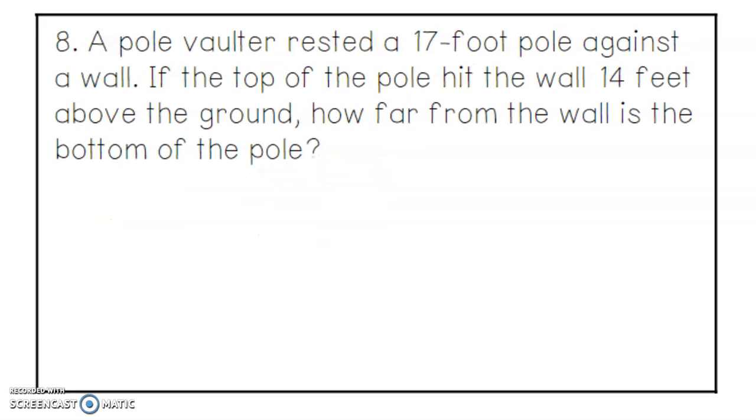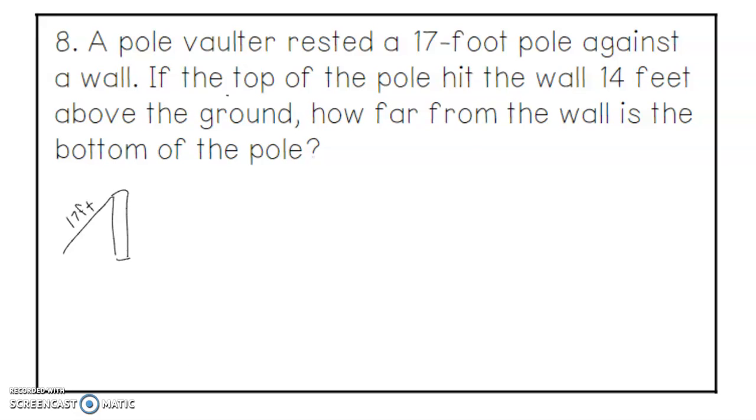Okay, let's look at it again. A pole vaulter rested a 17-foot pole against a wall. Okay, so I'm just going to start creating my picture. So here's the wall. I rested my 17-foot pole against it.